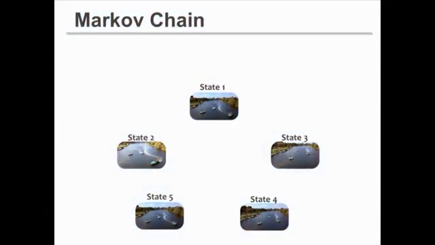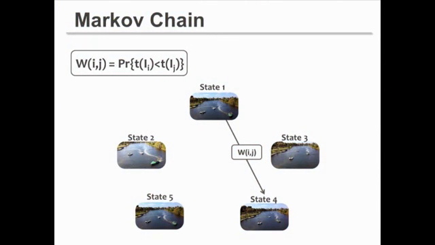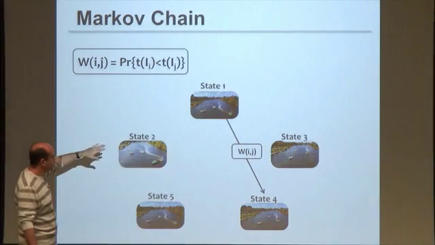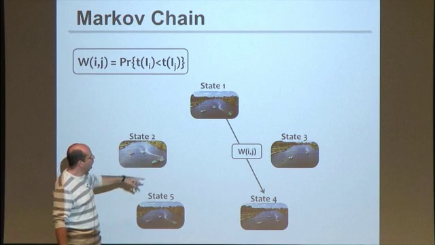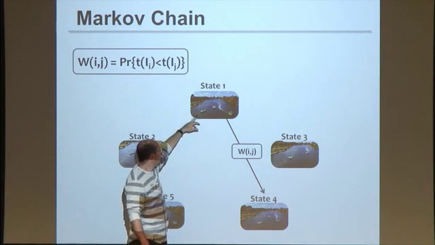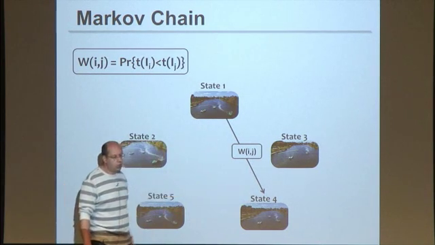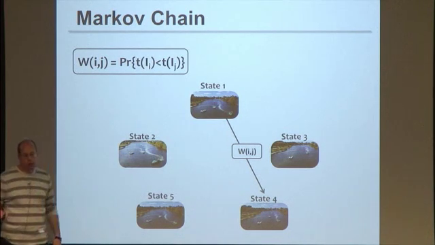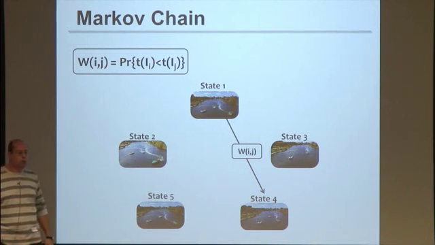So how is the solution going to work? We construct the transition matrix. We build the graph and we construct the edges such that the weight of this edge is the probability that image 1 appeared before image 4. You can simply count the number of features that voted I1 before I4.